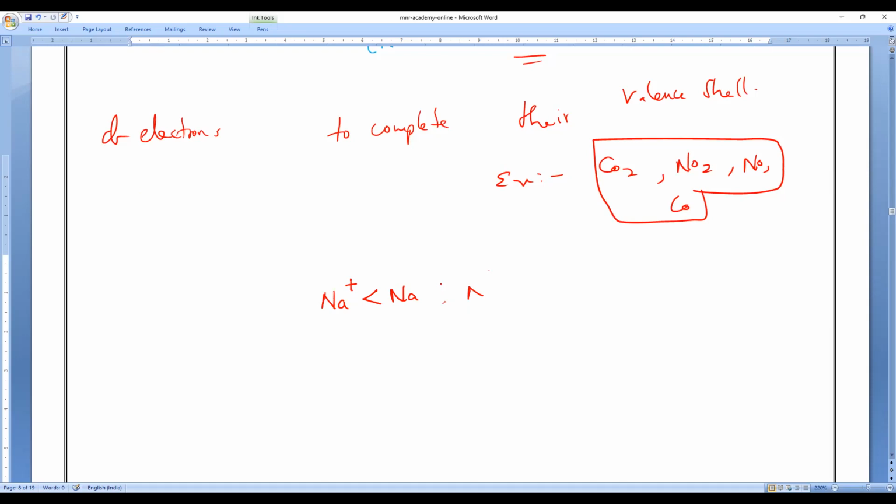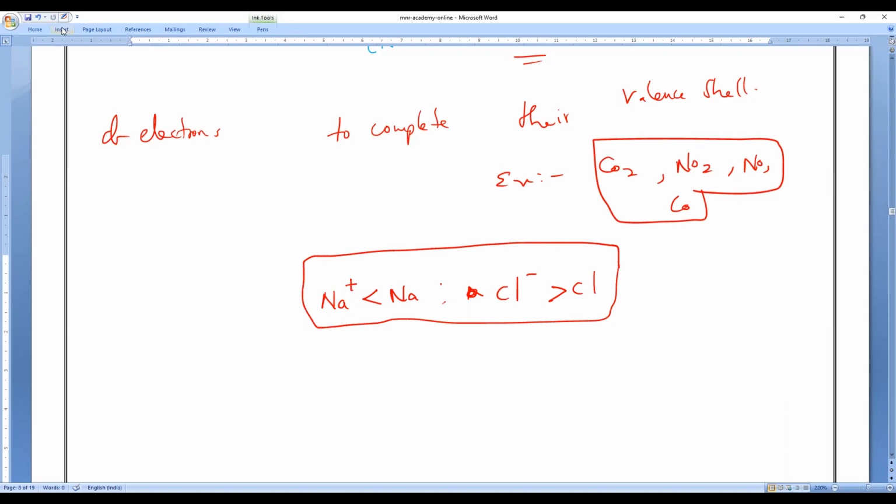And after accepting the electrons, the size of the ion will be bigger than the size of the atom. That's what we studied in yesterday's class. Am I right, guys? So this is about today's class.